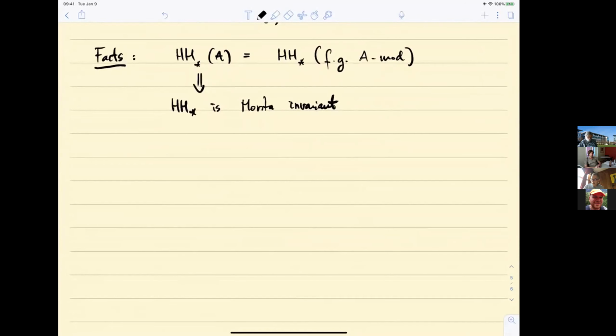So why is this of particular interest to us? Already we can get an important idea about how we're going to construct the invariants that we want.